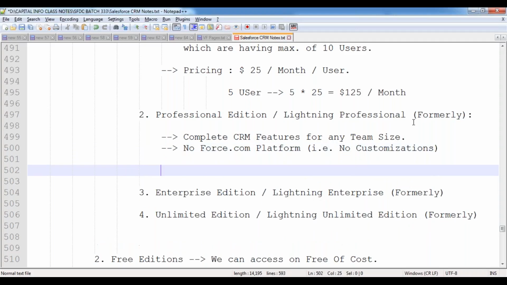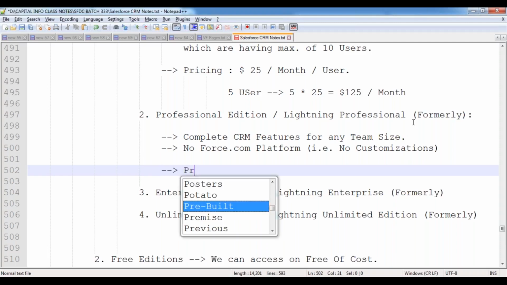We can't access the Force.com platform with this edition. You will get only the CRM features, like marketing, sales, and service features, to automate your customers' information, but there is no Force.com platform at all.